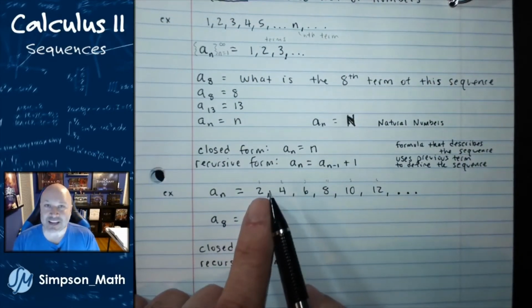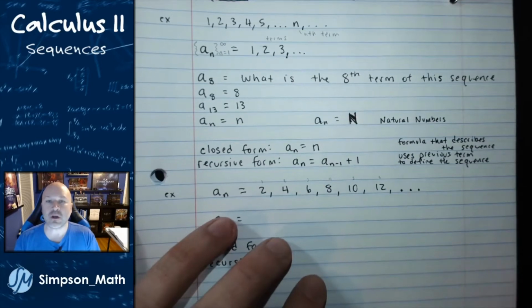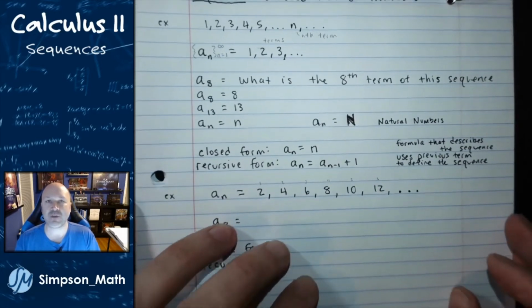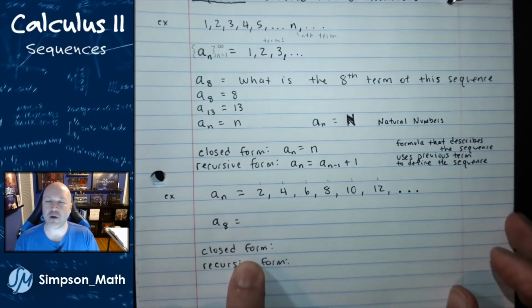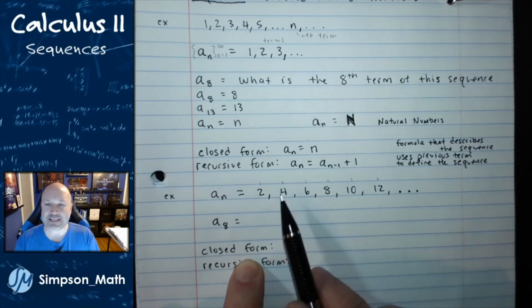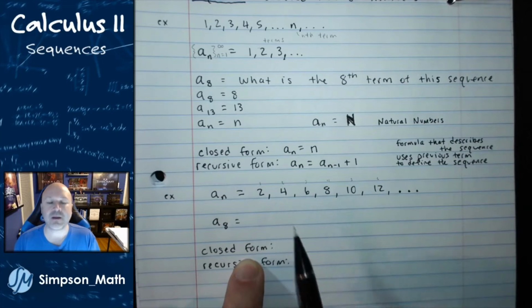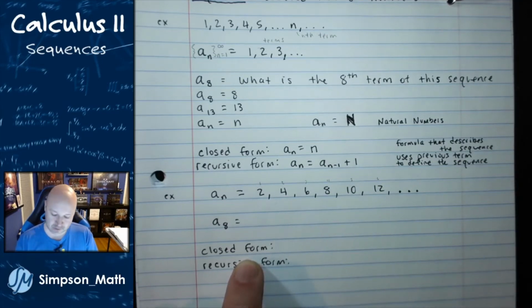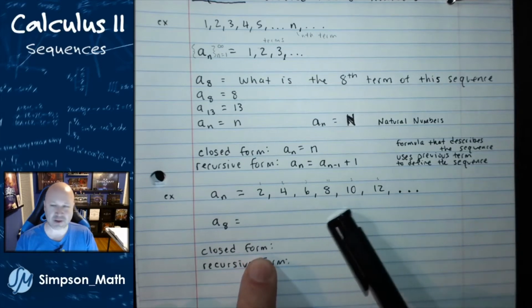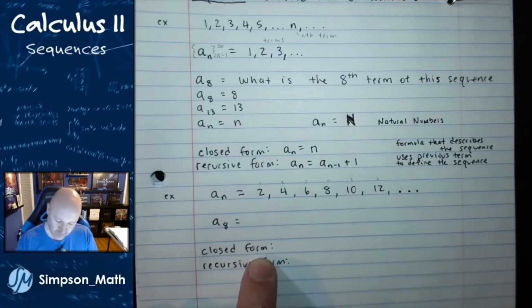And these indexes can be a great tool for coming up with a formula or a closed form of the sequence. The indices, the plural for index is indices, can sometimes help us come up with a closed form of the sequence, or maybe an explicit form.